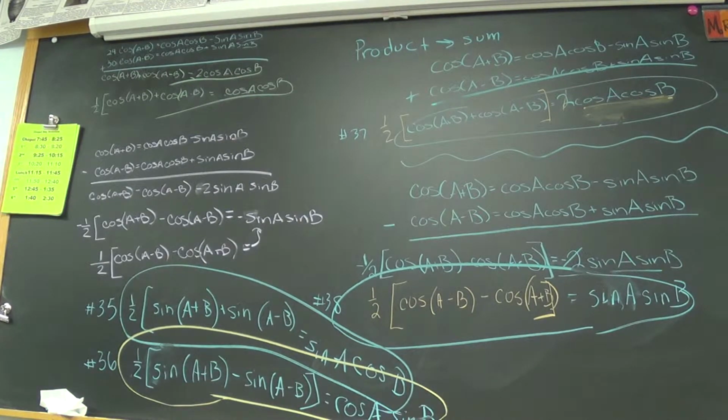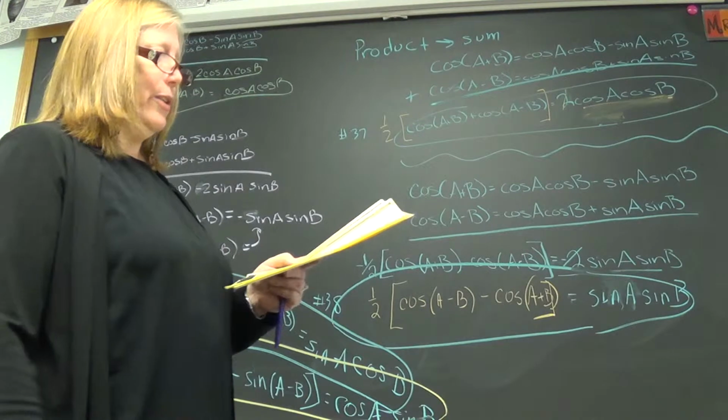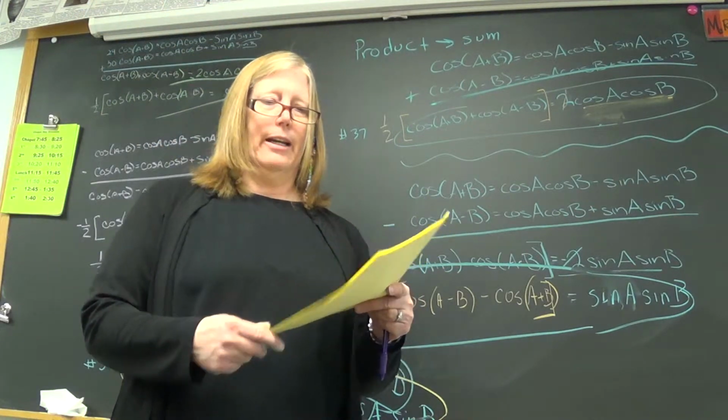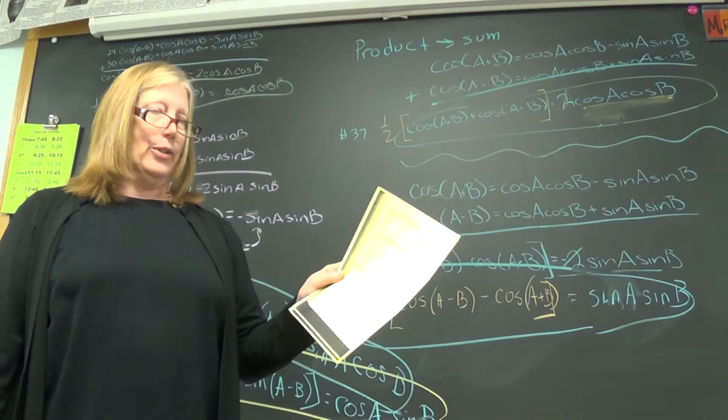Alright, so the ones that reflect this work start on number 63. Do you see it? And go to number 74. So just check those off. We're going to start them now. And they go very quickly, and whatever you don't finish, you'll be doing at home.